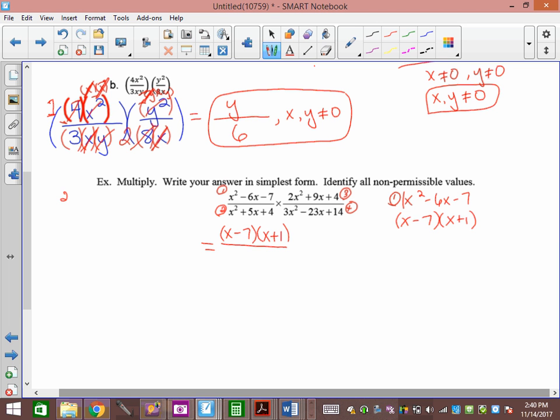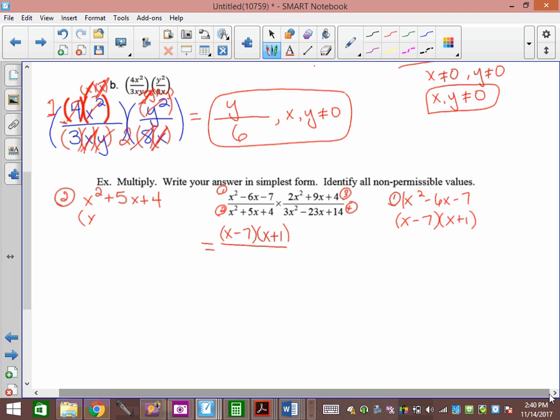Number 2, x squared plus 5x plus 4. When I factor that one, it's what multiplies to give me 4 and adds to give me 5? What's it going to be? Multiplies to give me 4, adds to give me 5. 4 and 1.